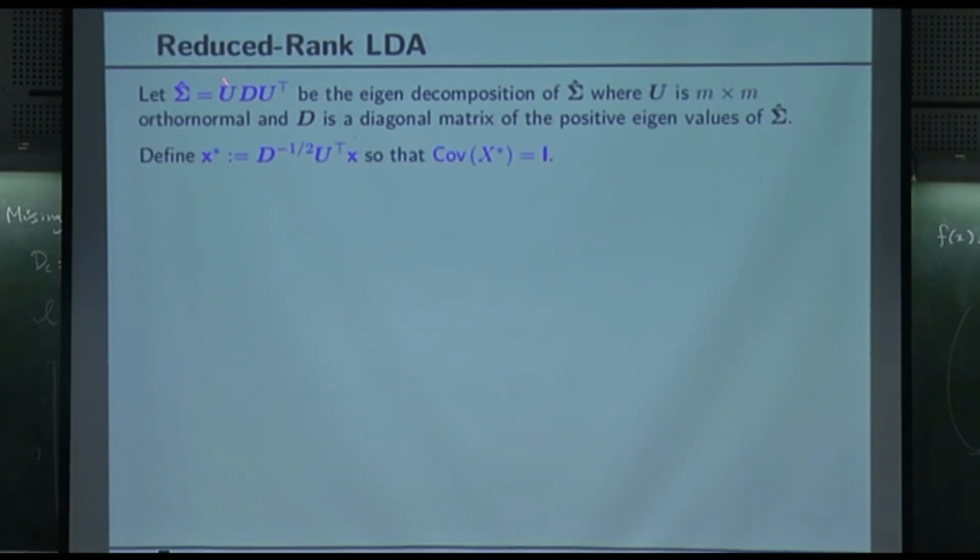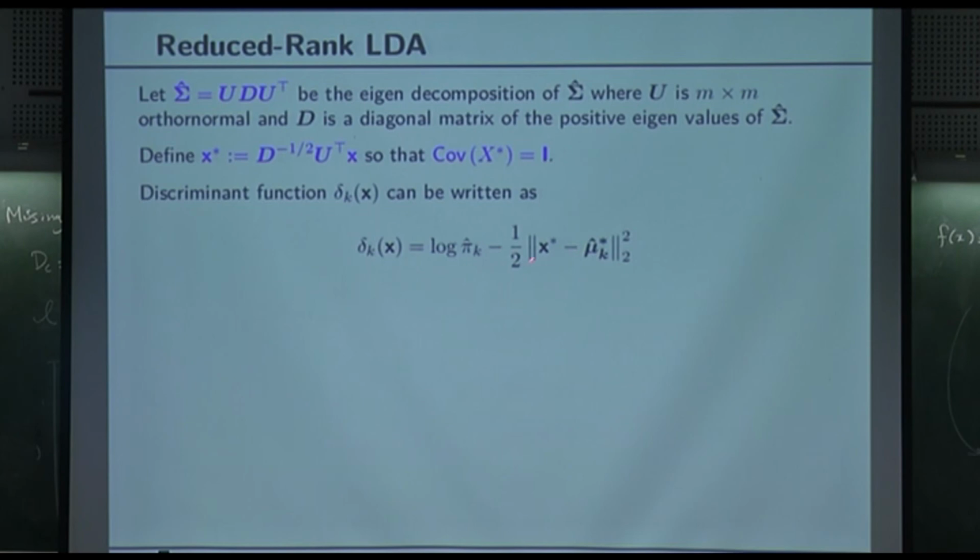Sigma hat is symmetric, so I can get that. You redefine a new vector x star, which is D to the minus half U transpose x. So now for x star, the covariance is identity. And now the discriminant function can be written very simply as log pi k minus 1/2 the squared distance between x star and mu k star.